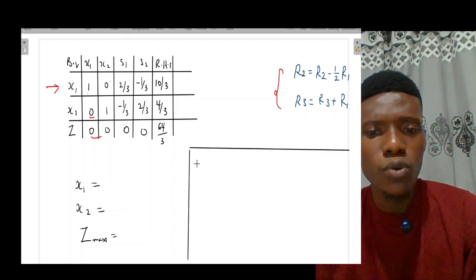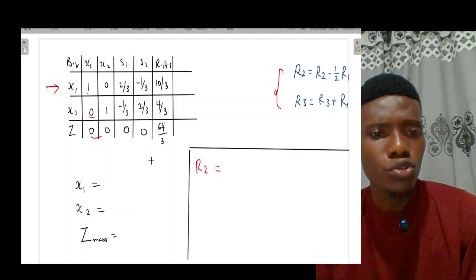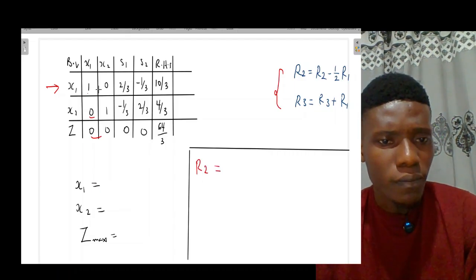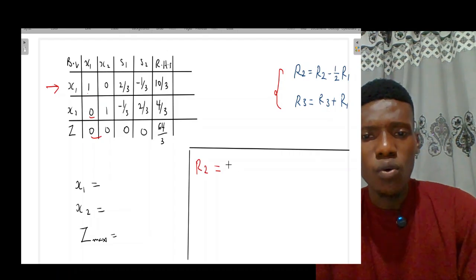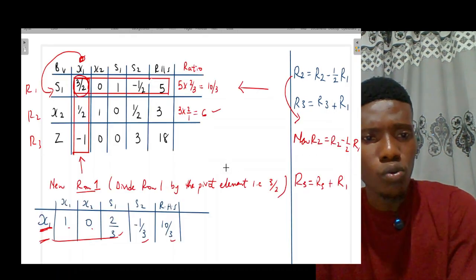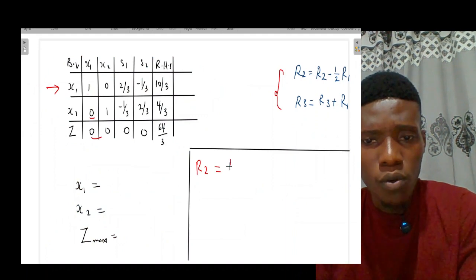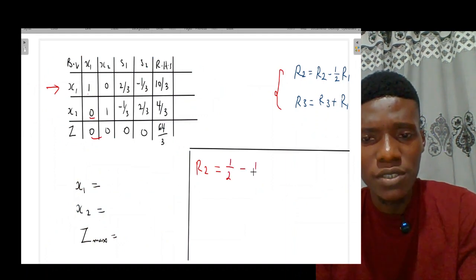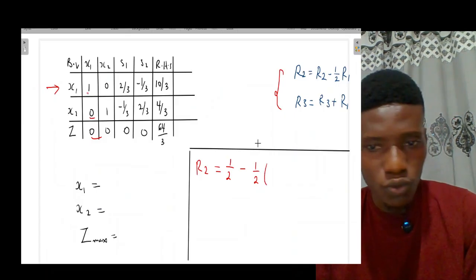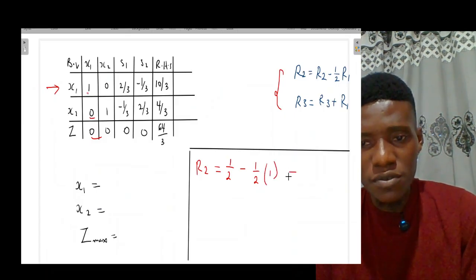To get the new row 2, let's do it for this column. So it means the old row 2. What is my old row 2? That's 1 over 2 for that column. 1 over 2 minus the new row 2, minus 1 over 2 times the new row 1. The new row 1 is 1. So this will give you 0.